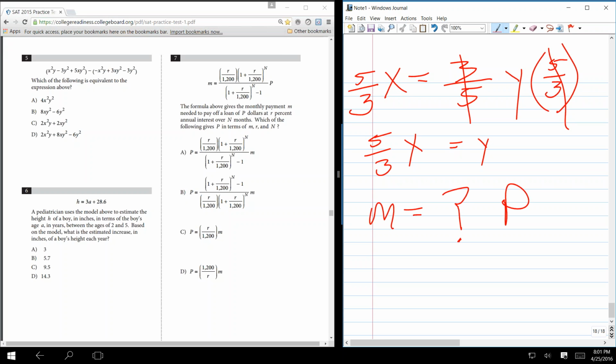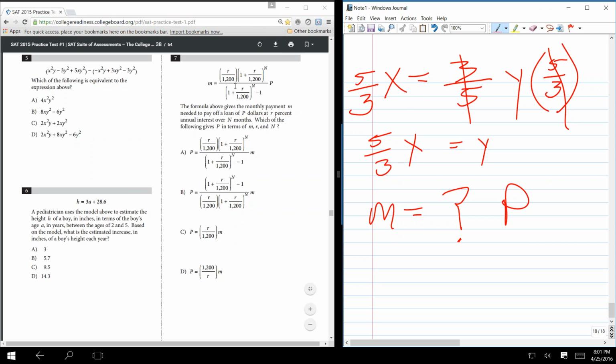Oh, you're just going to multiply by the reciprocal. Exactly. And the reciprocal, I don't need to do anything with this fraction. I just need to reciprocate it. Well, and this has a -1.